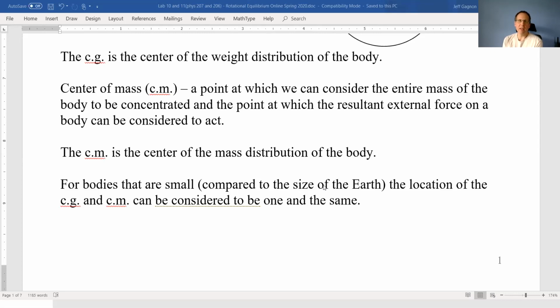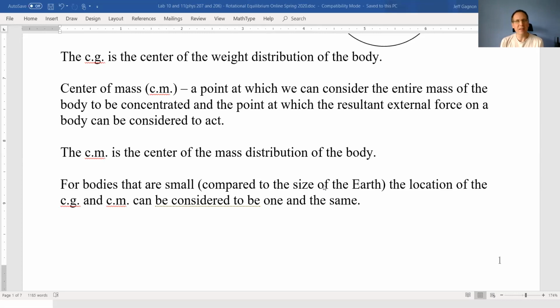If you had a nice symmetrical uniform object, the center of mass would be right in the center of the object. But because gravity is slightly stronger near the surface of the Earth and slightly weaker as you move away, the little bits of mass near the surface are weighted more strongly than the little bits of mass near the top, further away from the surface. So that will shift the center of gravity down a little bit.